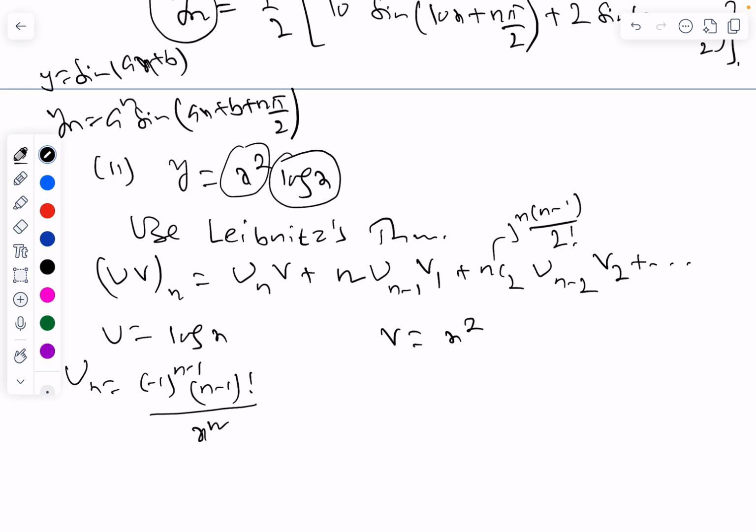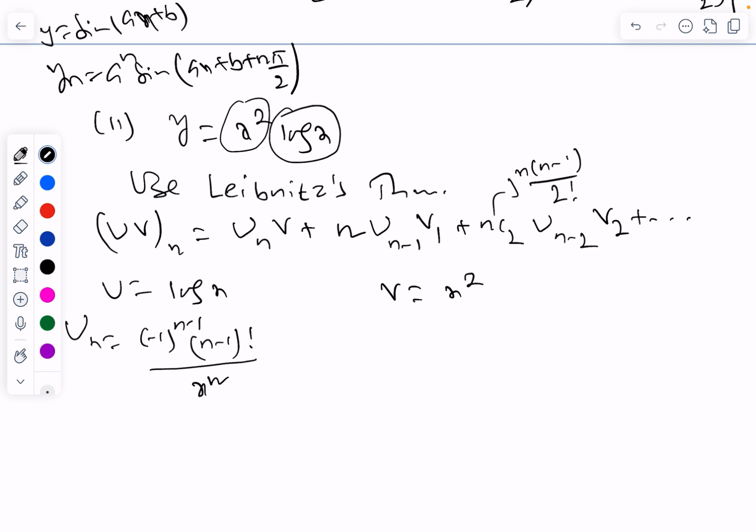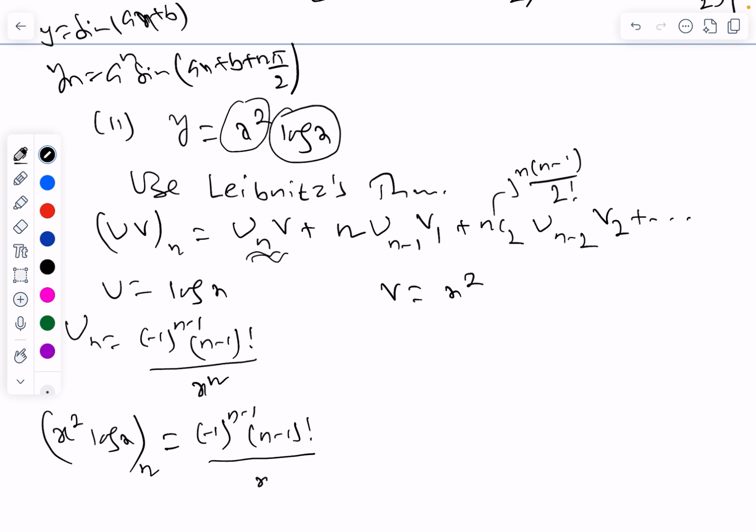Now let us take the nth derivative of x square log x. So u n, that is log x and its nth derivative, minus 1 power n minus 1, n minus 1 factorial over x power n.